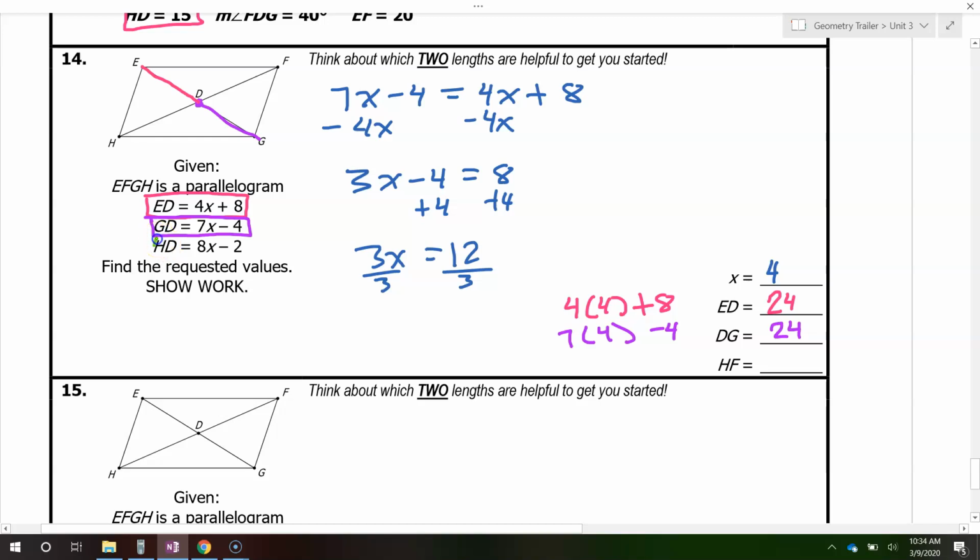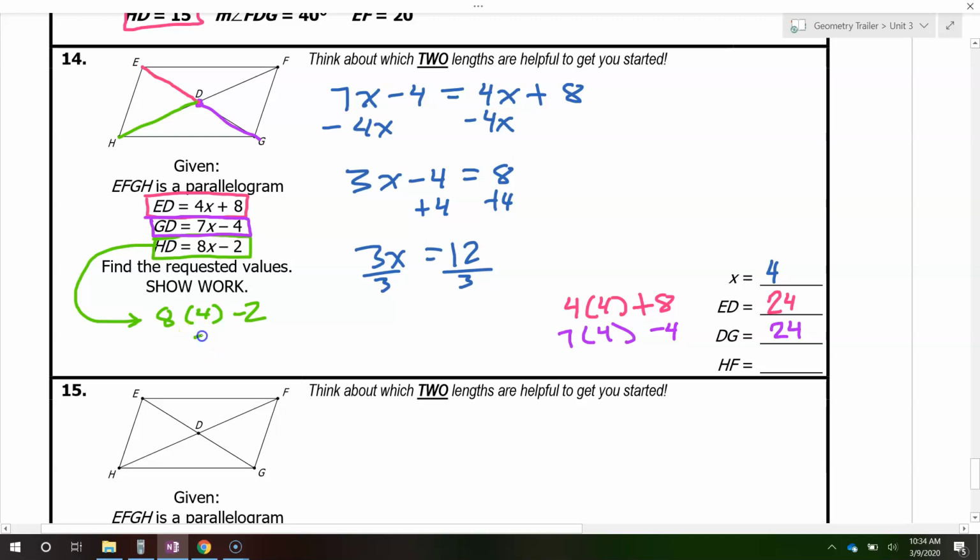Okay, HD is another piece of information that we have. HD is 8x minus 2. Okay, HD is right here. So let's find HD. So that'll be 8, and x is 4, so 8 times 4 minus 2. So that's 32 minus 2.